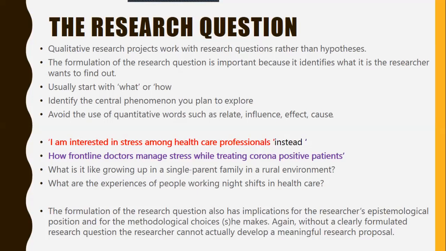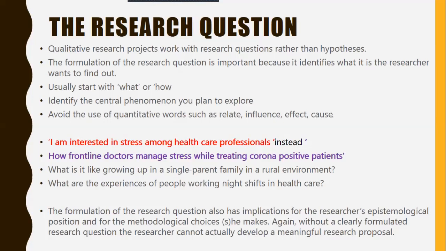Also, when you're forming a question, you need to understand that we cannot be generic in our statements. We need to be more specific when we want to investigate something. For example, if you are interested in the phenomena of stress, you might think that I'm interested in stress among healthcare professionals, which again is a very broad spectrum.